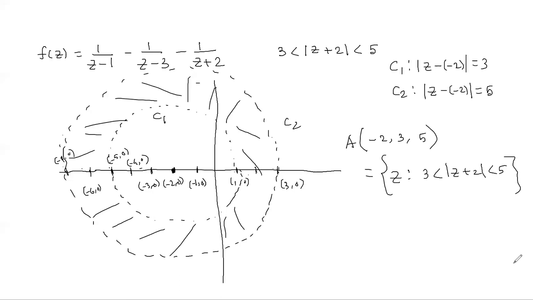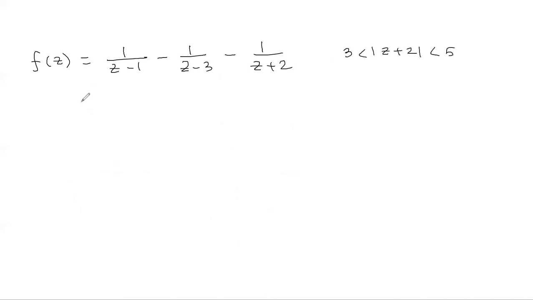So the function f(z) is 1/(z − 1) − 1/(z − 3) − 1/(z + 2) in the region 3 < |z + 2| < 5.